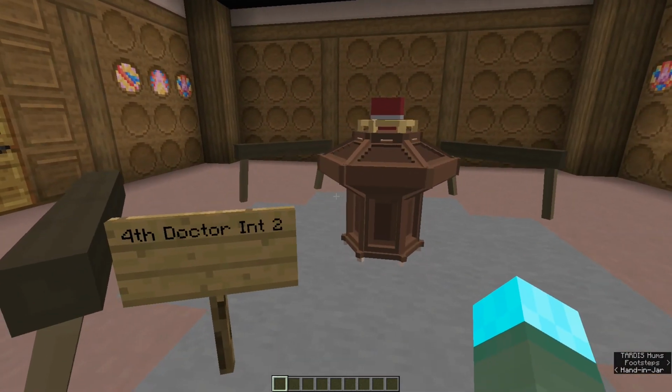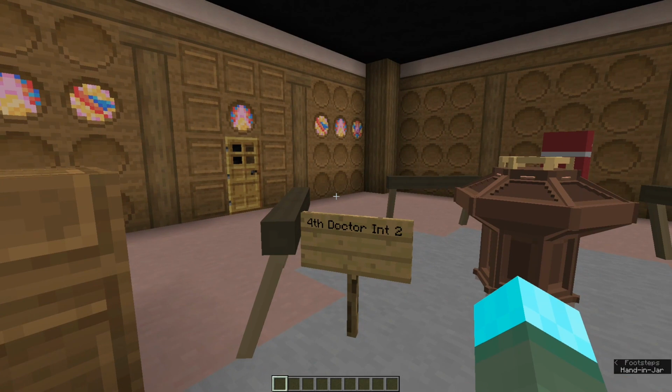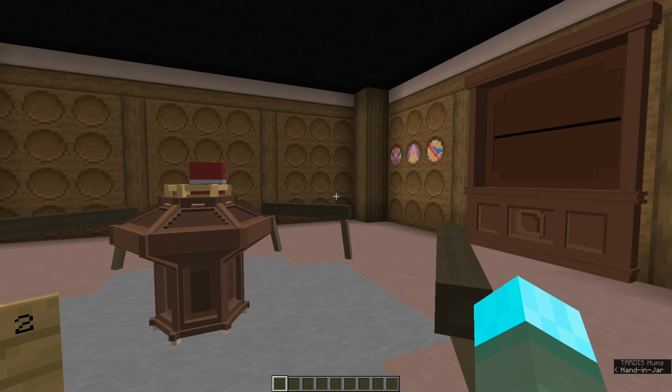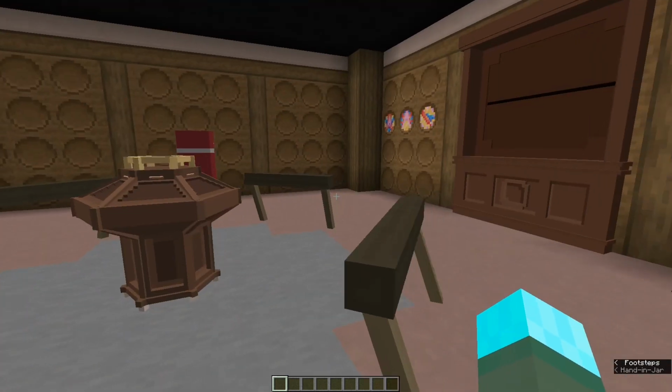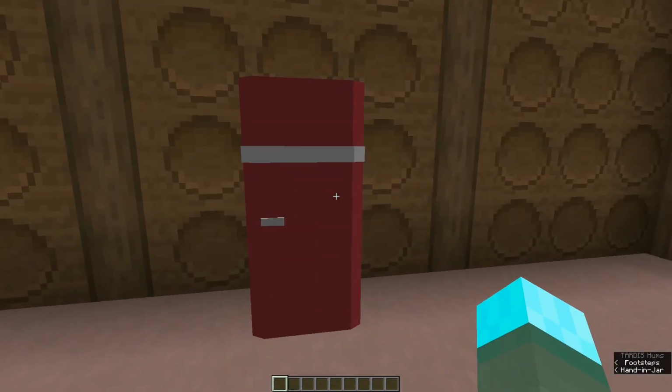Fourth Doctor Interior 2. The Fourth Doctor used the Third Doctor's interior for a lot of his runtime. So this is his second interior, looking very wooden.